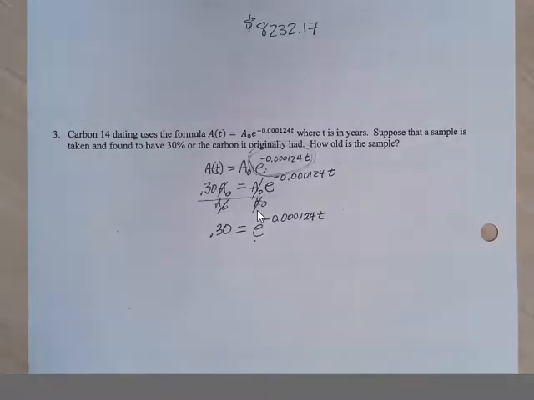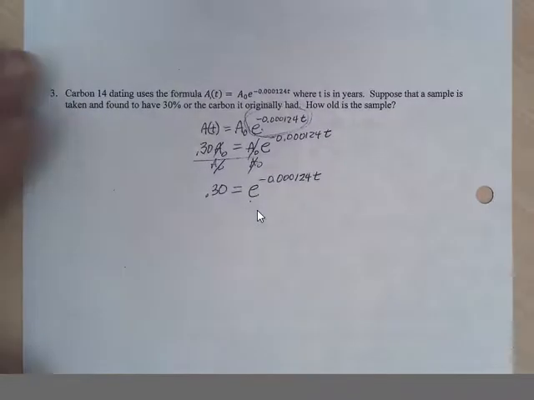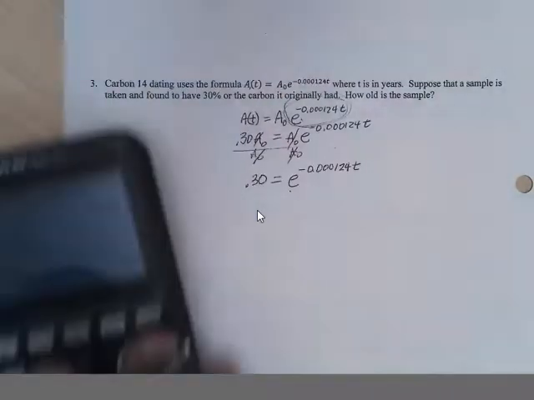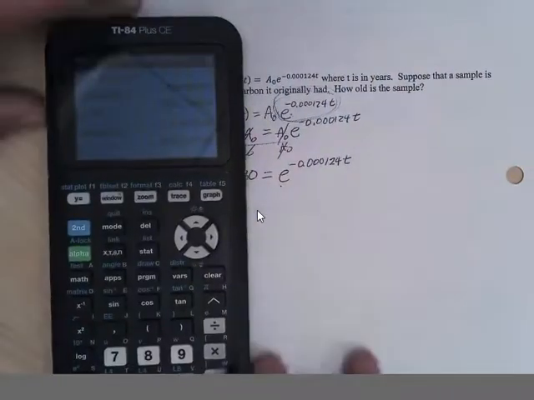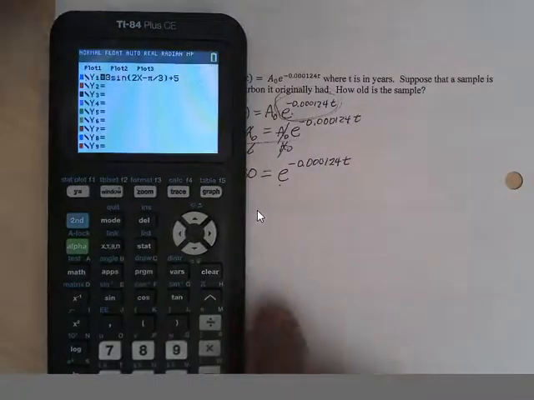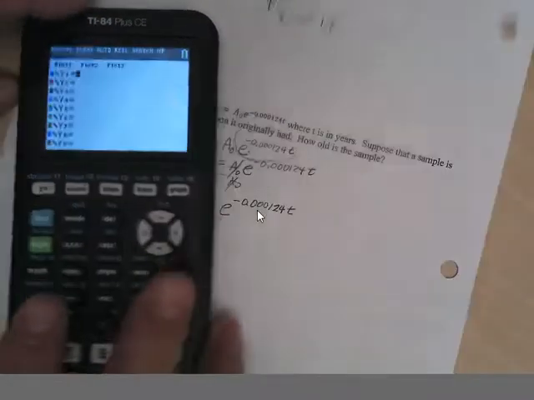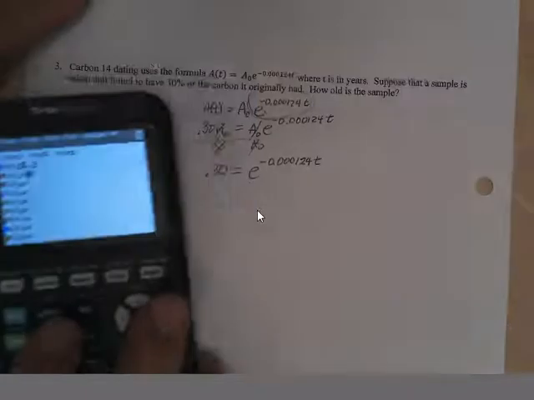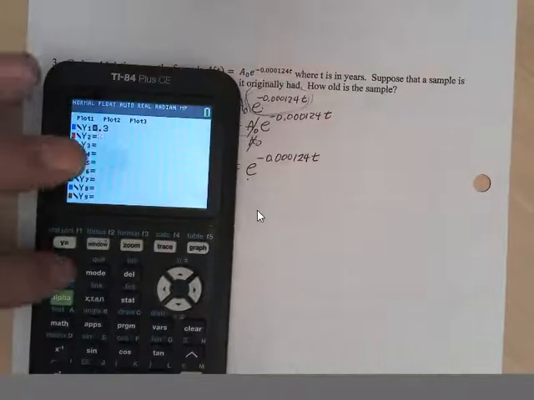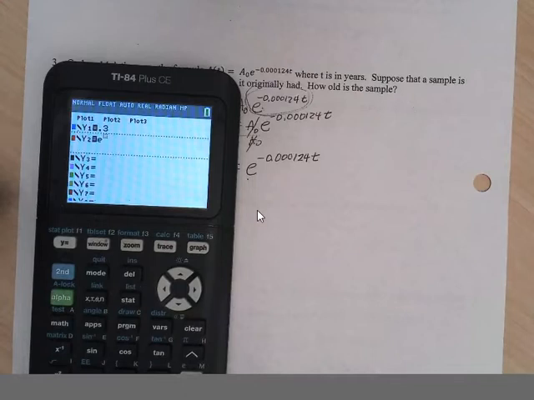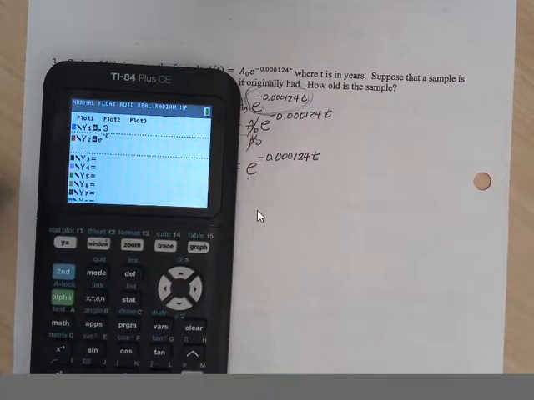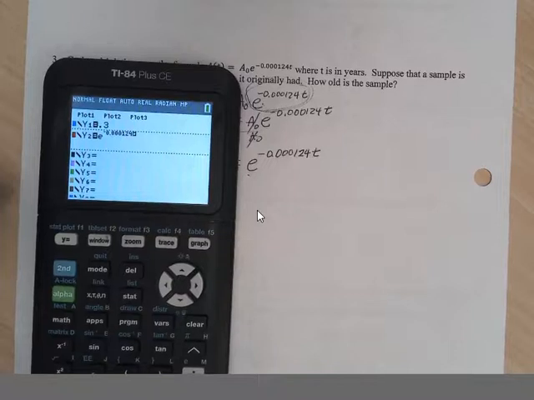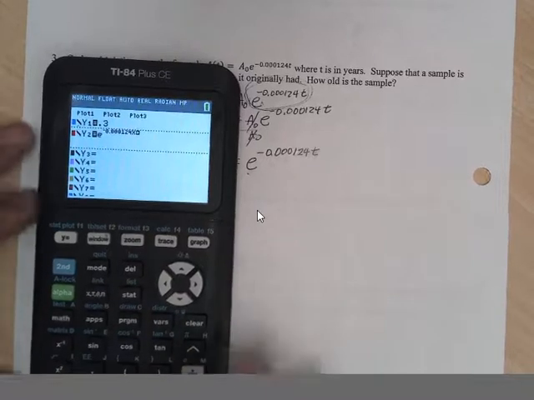Now to solve that, I suggested that we graph this and find out when they intersect. So I'm going to go to y equals, and I'm going to type in 0.3, and then e to the negative 0.000124 x.